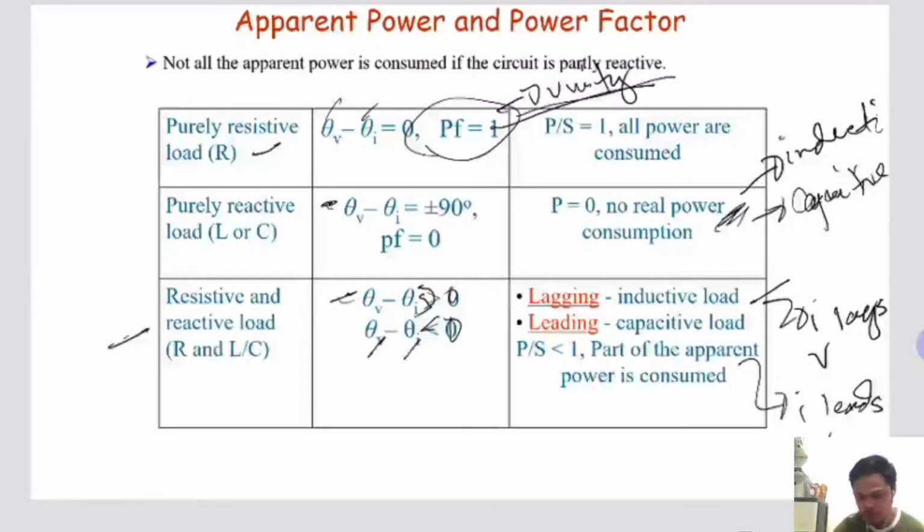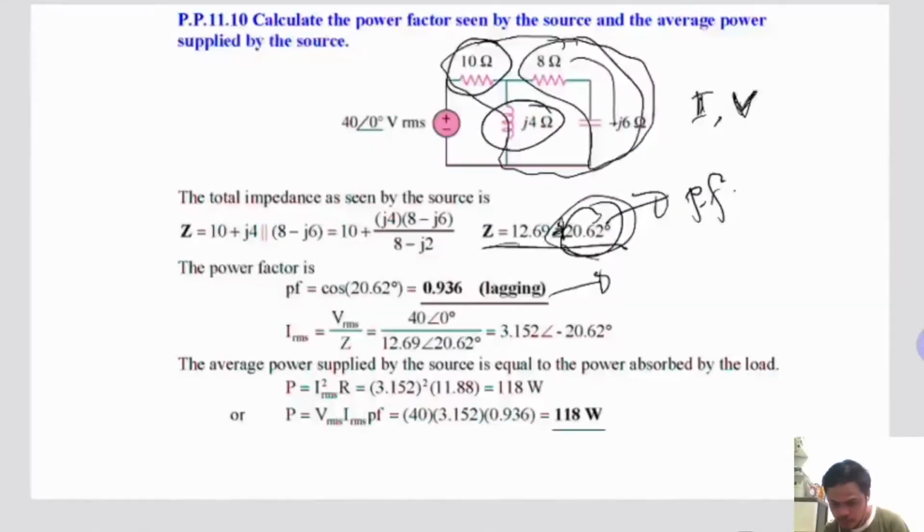If we go back to the concept for power factor, if it is positive, then our system is inductive. To compute for the current flowing, since we are concerned with the average power by the source, we have the VRMS or the voltage.